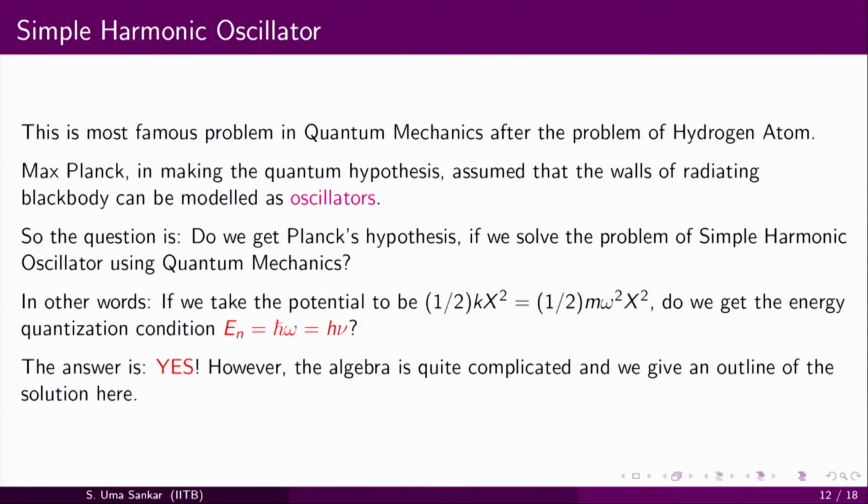Some may say it comes after the problem of the hydrogen atom, but some would say no, it is the most famous problem. There are various important aspects to this problem, and the simple harmonic oscillator is used again and again in different contexts of quantum mechanics. It's one of those problems which people have almost fallen in love with, so to speak.